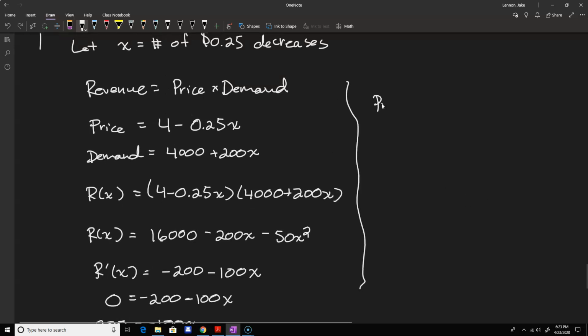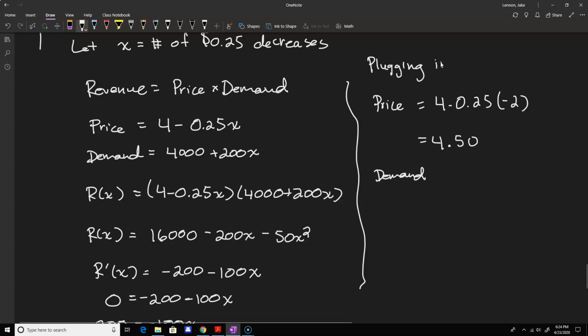So our optimal price is going to be 4 minus 0.25 times negative 2. So our optimal price point here in terms of revenue is 4.50, and our optimal demand, so our demand at that price, is, so basically this is plugging in x equals negative 2.